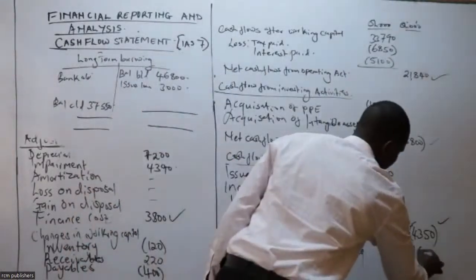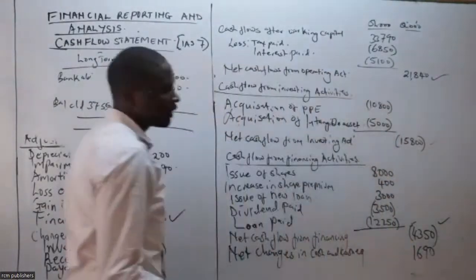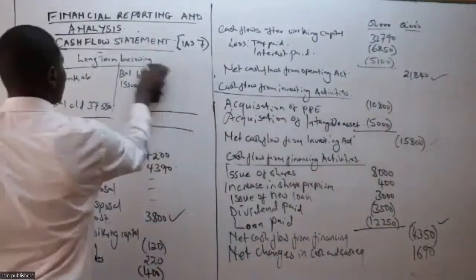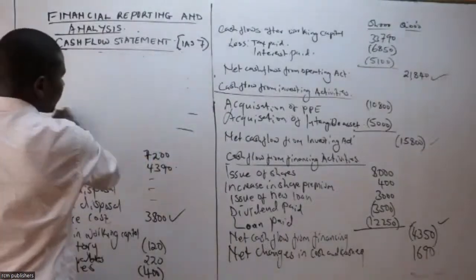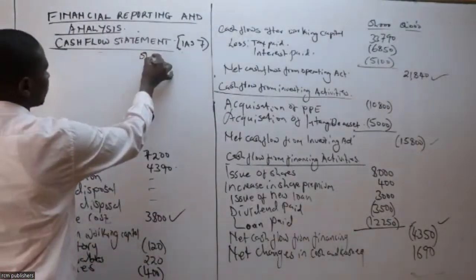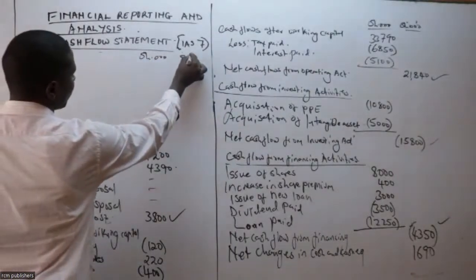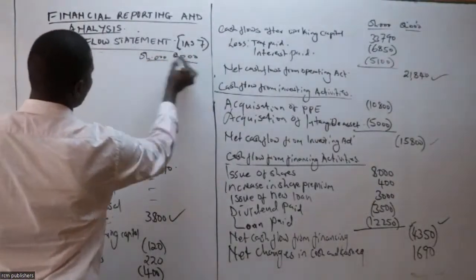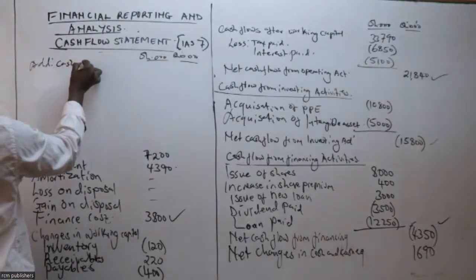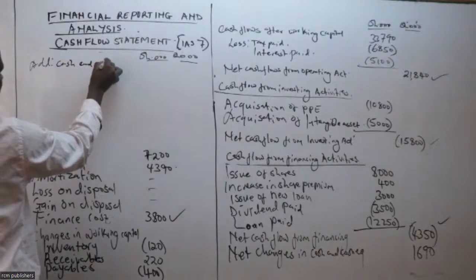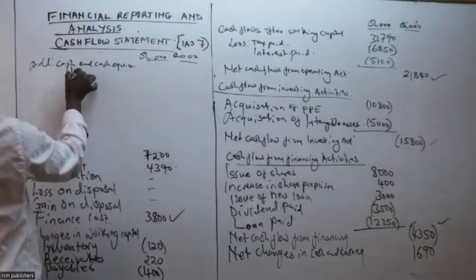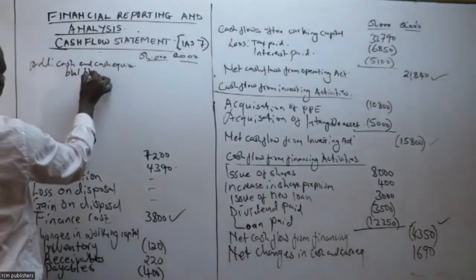I've been given 1,690. Class, we usually add cash and cash equivalent brought down. From that you add cash and cash equivalent, balance brought down.